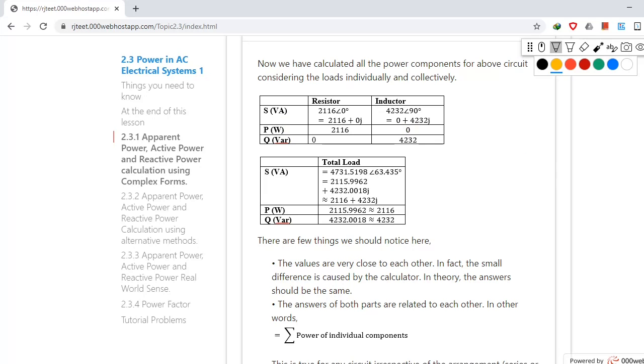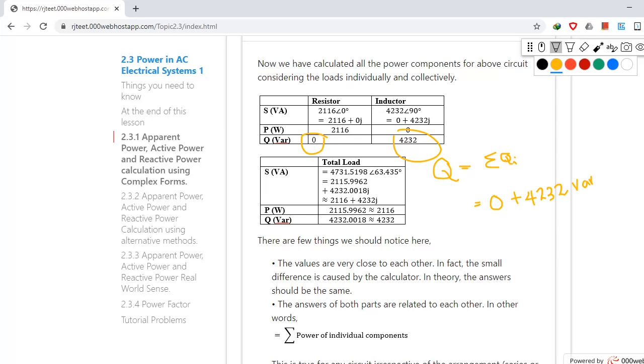And similarly, if I am to calculate the reactive power, it's going to be the summation of individual reactive powers, and it's going to be 0 plus, here it's 4232. Sorry, 232. I hope you get the idea by now. And it is var.